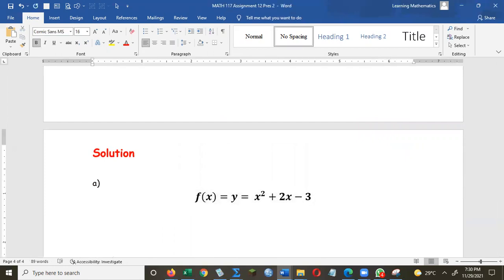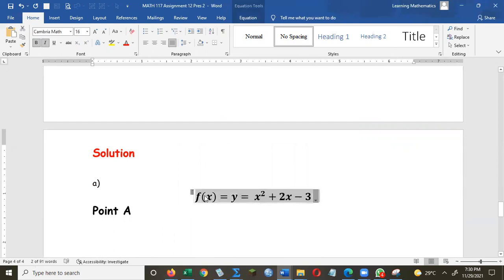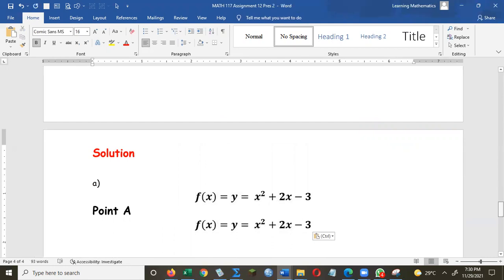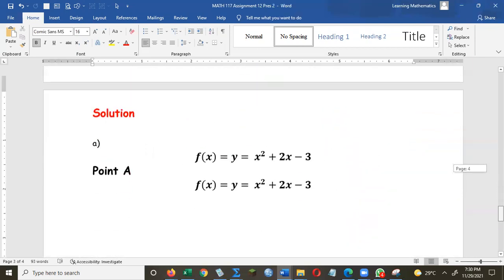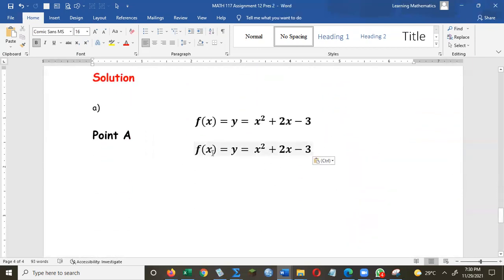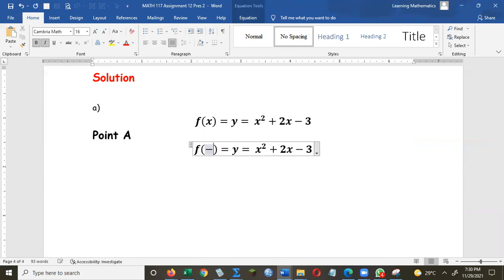So we're going to analyze point A. For point A, we have to find what is f of -4 for us to get the y value. And it looks like it's 5. Let's see if it's 5. F of -4. Always where we see x, we substitute -4.